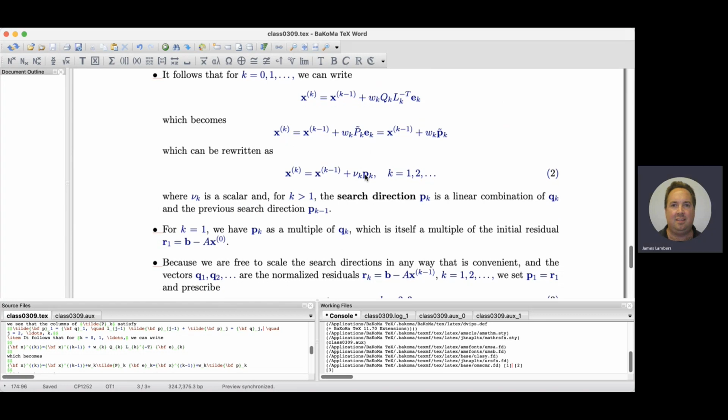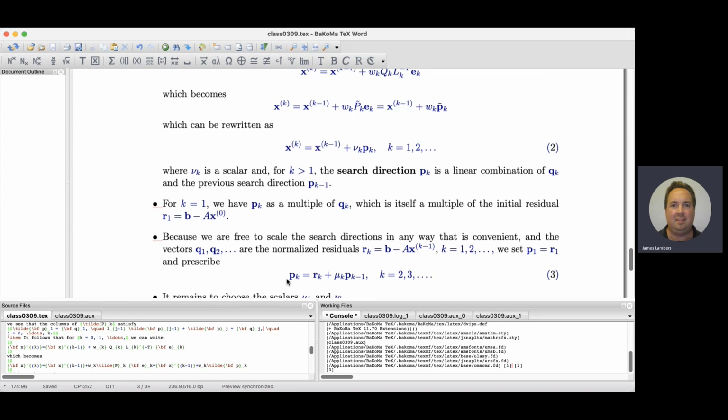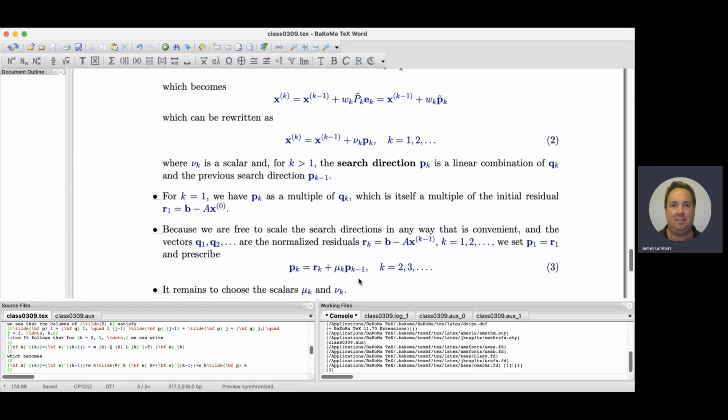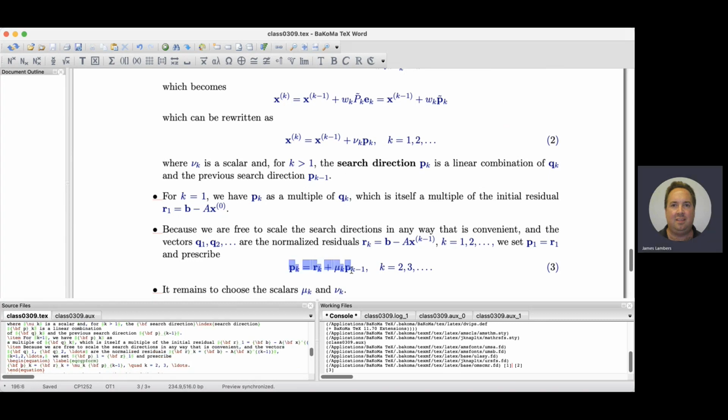Now, our search directions are going to be multiplied by some appropriate scaling factors anyway. So we're just going to set p_1 equal to r_1, our first residual. And then each new search direction will be equal to the corresponding residual plus some multiple of a previous search direction.